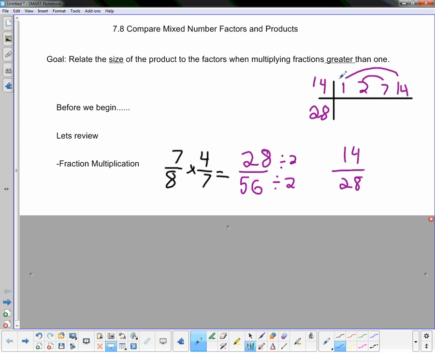So those are all my factors, and I'm going to figure out, can 1 go into 28? Yep. Can 2 go into 28? Yes. Can 7 go into 28? Yeah, it can. The last one, 14. Can 14 go into 28? Yeah, it can.